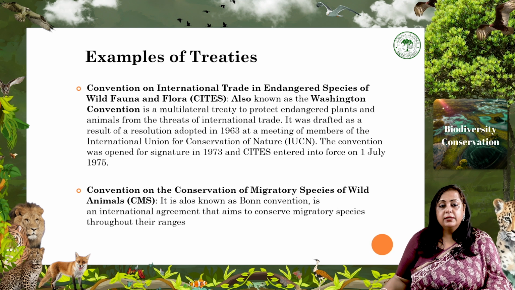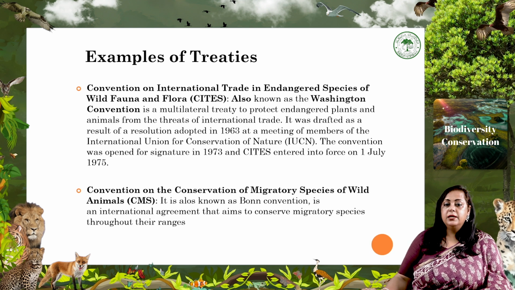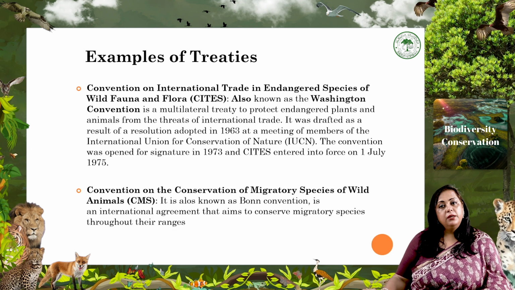It was drafted as a result of a resolution adopted in 1963 at a meeting of members of the International Union for Conservation of Nature. The convention was opened for signature in 1973 and CITES entered into force on 1st July 1975.